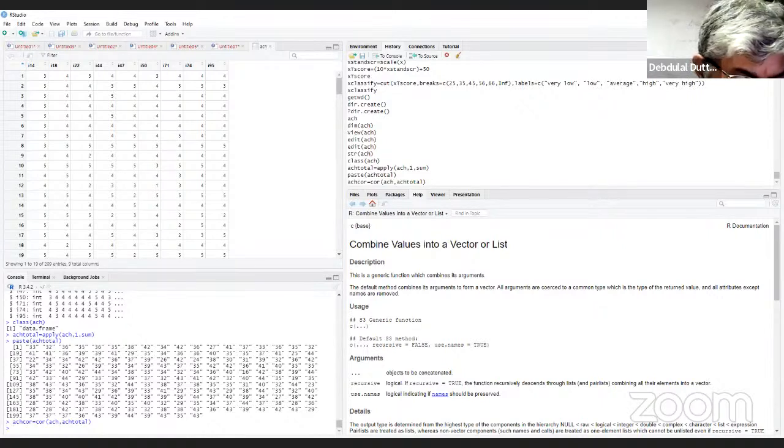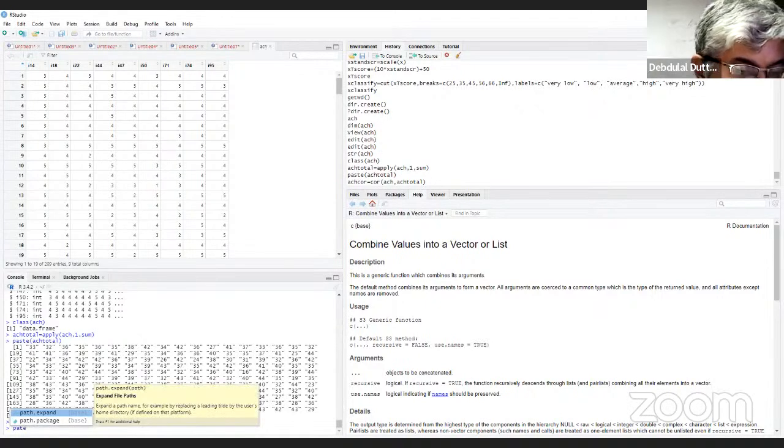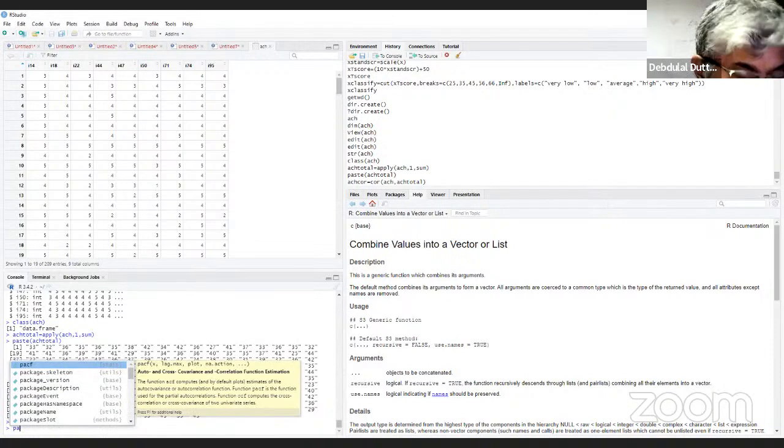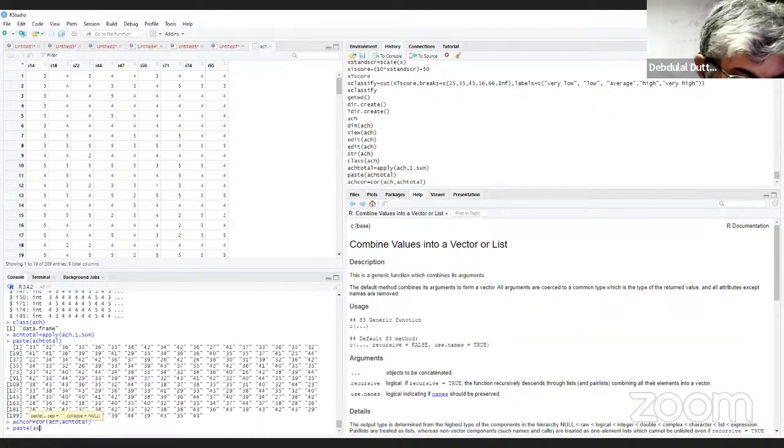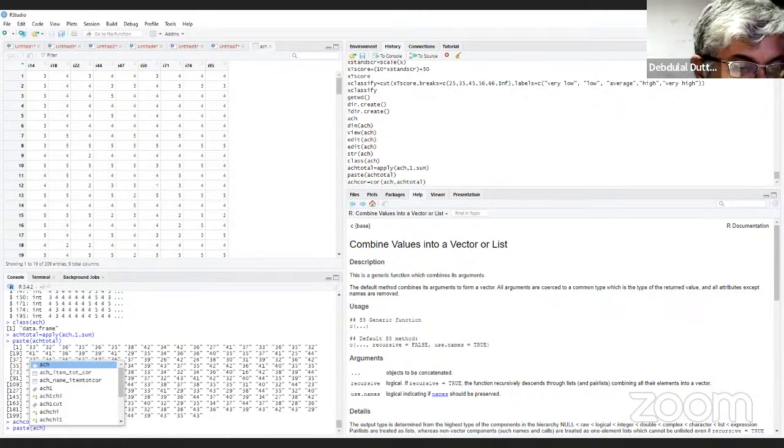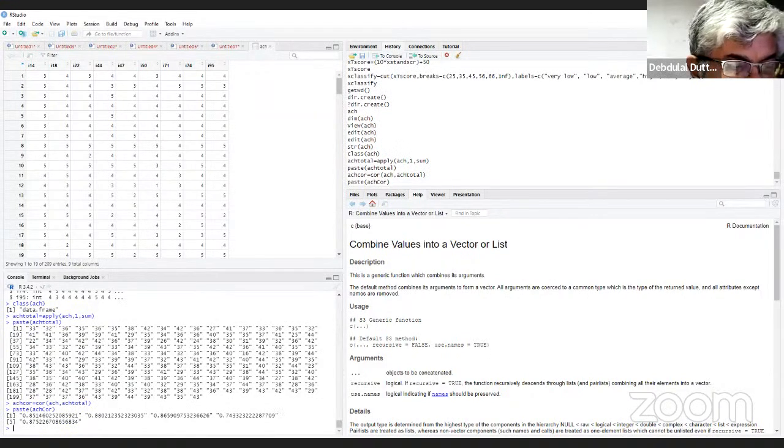Then if I write paste, I will get the correlation, H code.